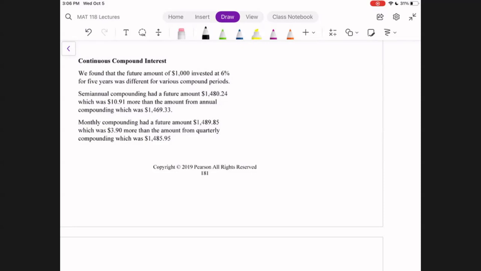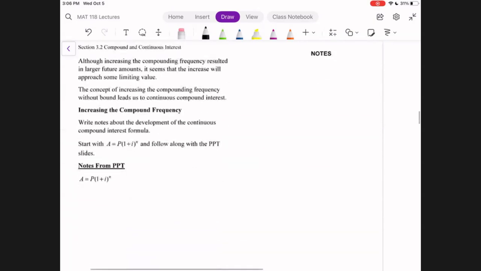So just to show you here that semi-annual compounding had a future value of this, which is $10 more than annual compounding. And then monthly had a little bit more than quarterly. Okay. So what happens if we increase the compound frequency? It always will result in larger amounts of money. Okay. So if we keep increasing it forever without bounds, we come up with this.